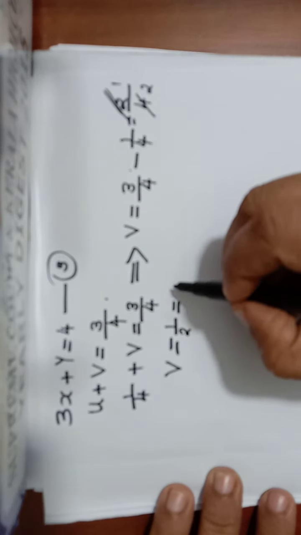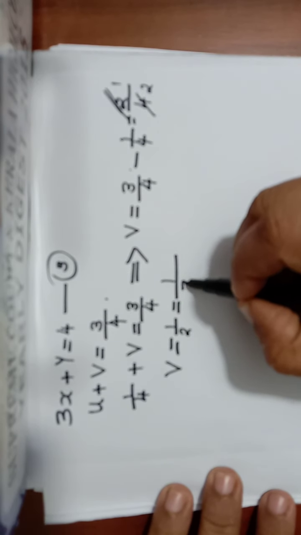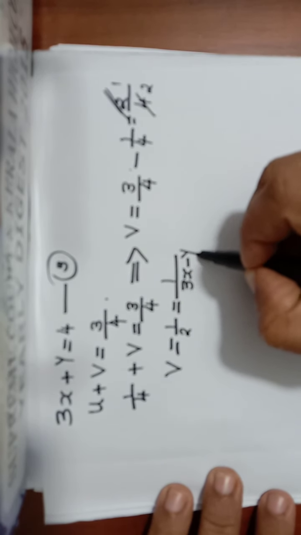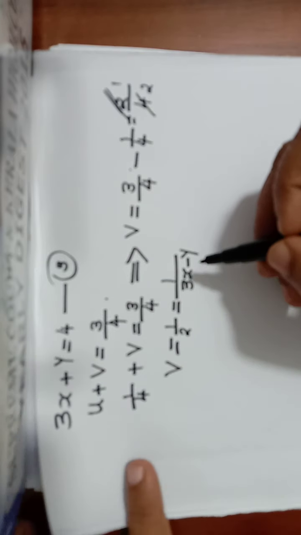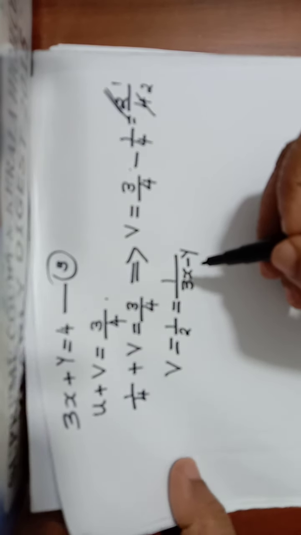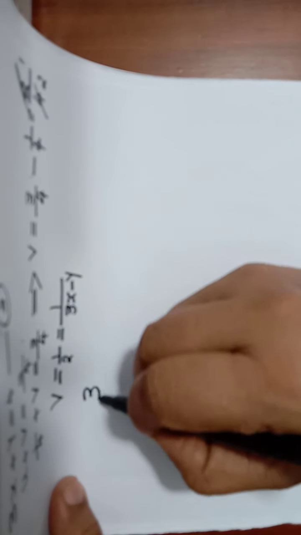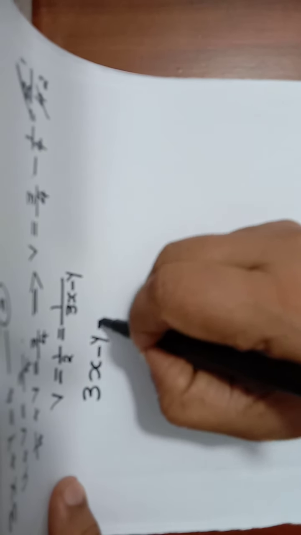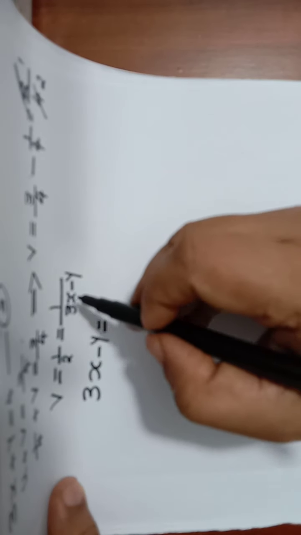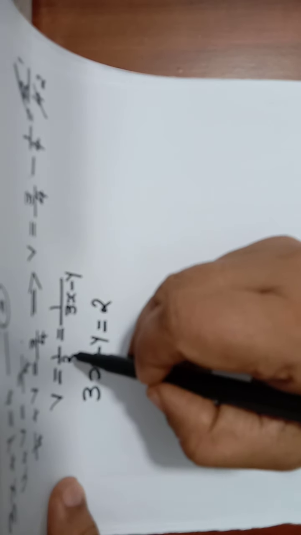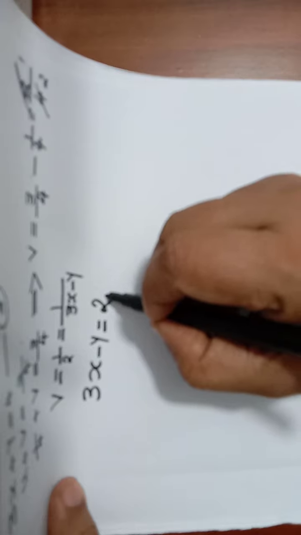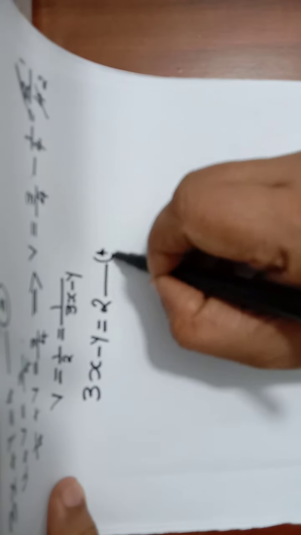What is our v? It is 1 by 3x minus y. Compare both. Numerators are the same, so 3x minus y is equal to 2. This is our equation number 4.